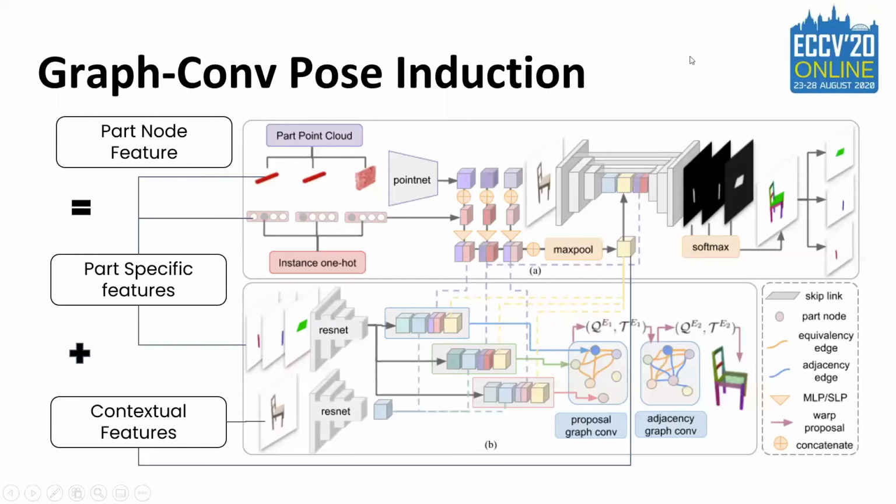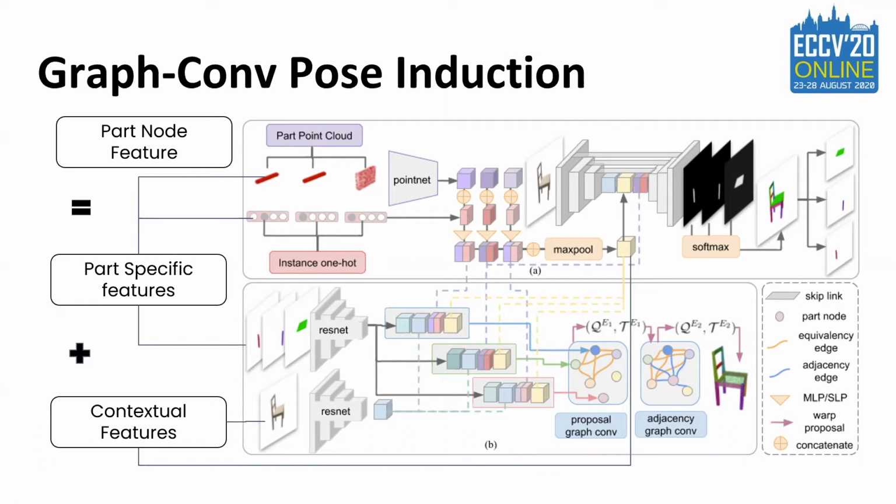With the 2D segmentation, we can infer part poses using a two-stage graph convolution. We build a part graph by embedding each part as a node in the graph. We then connect parts by defining different part relationship edges. We combine a set of part-specific features and contextual features to construct nodes for each part.